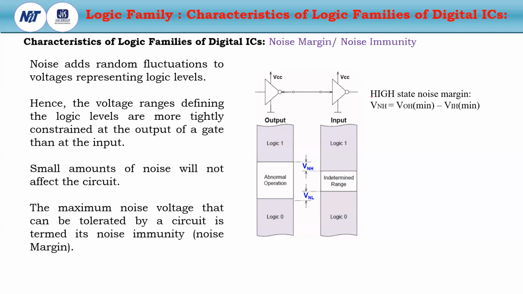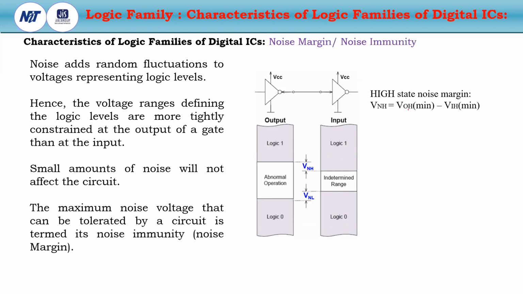So the high state noise margin, called VNH, is equal to VOH min minus VIH min.